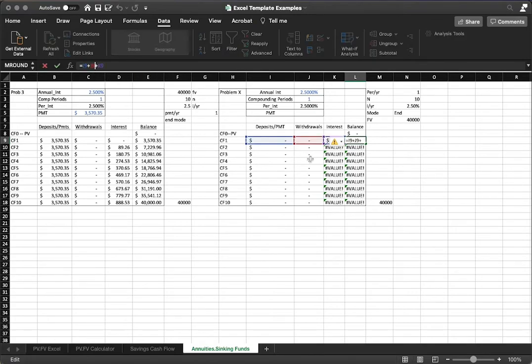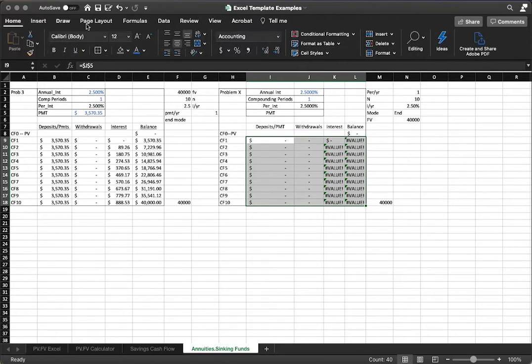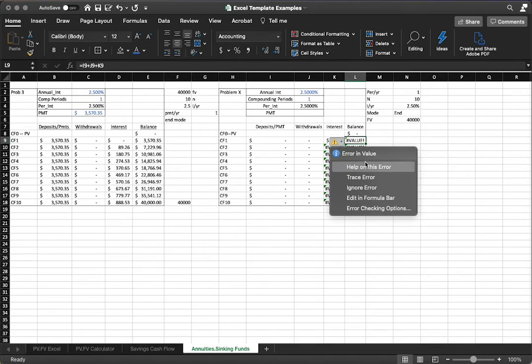Let's make sure we have this all formatted correctly. So let's go back to Home, and we're going to do accounting. Okay, that's right. Now if we run into problems this way, let's hit this: Help on this error.